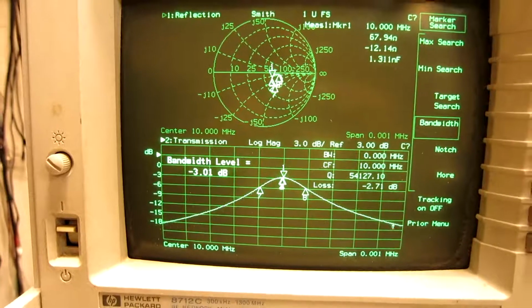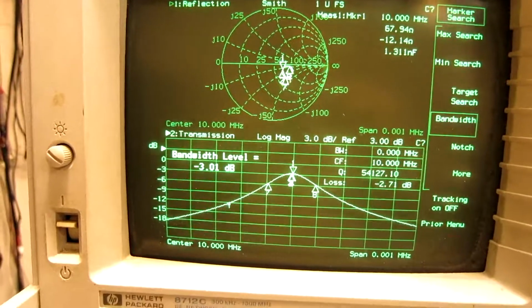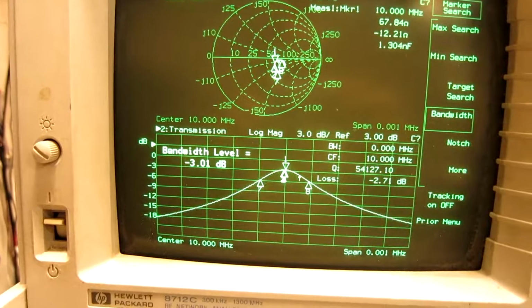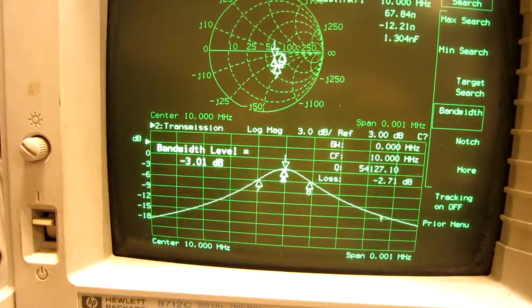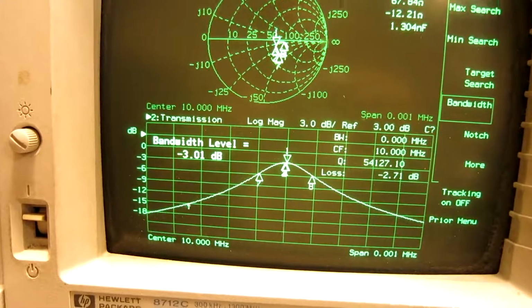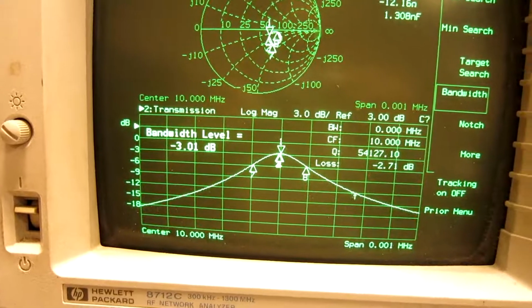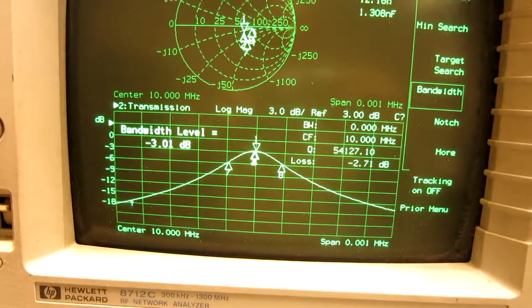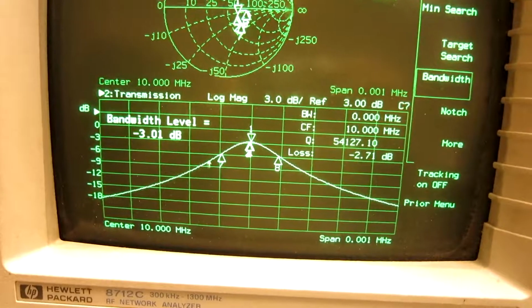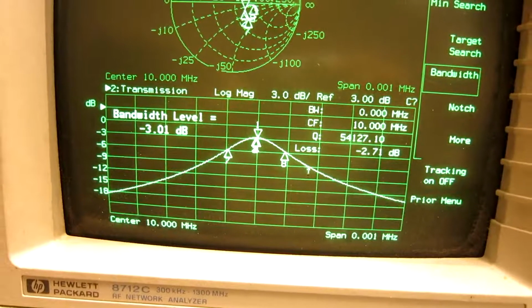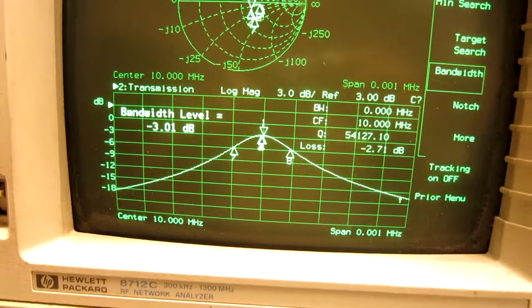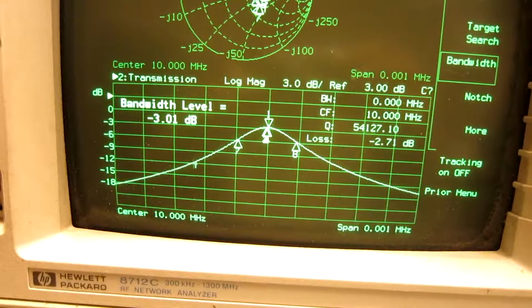That has reduced the gain from +3.2 to -2.7. So that's a 6 decibels loss, and the associated loss of Q is a factor of 2. It's now 54,000 as compared to 107,000 before.